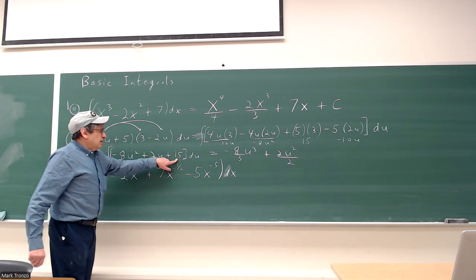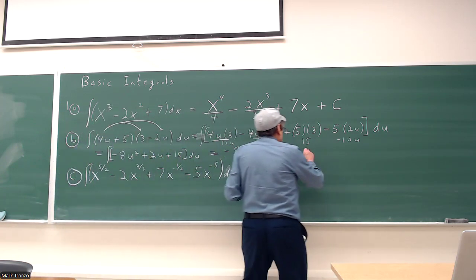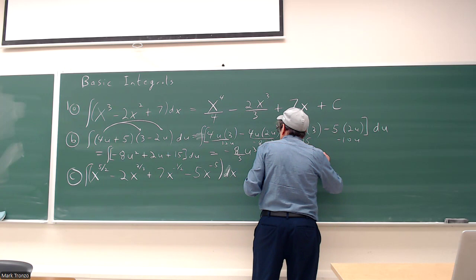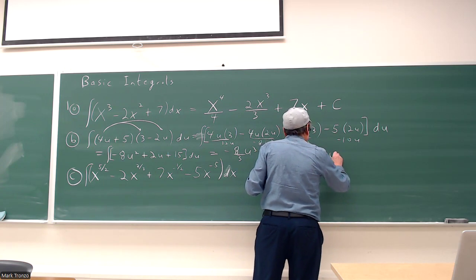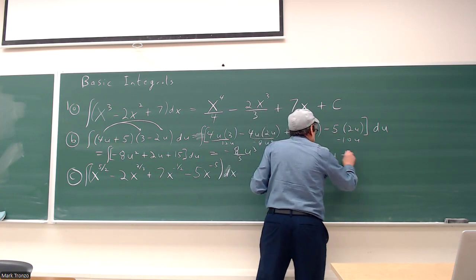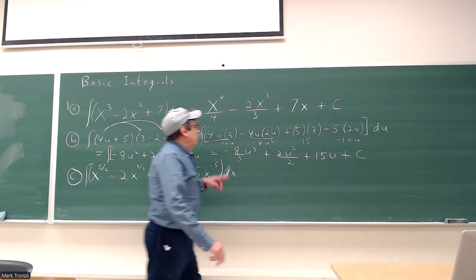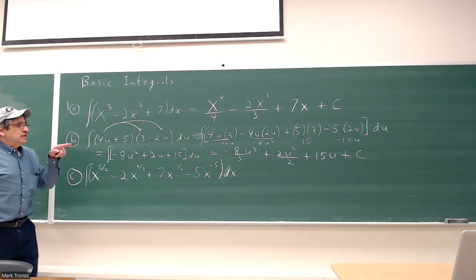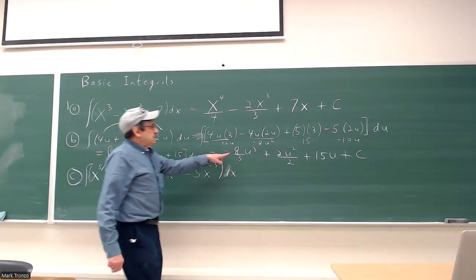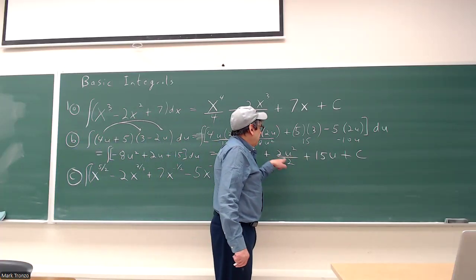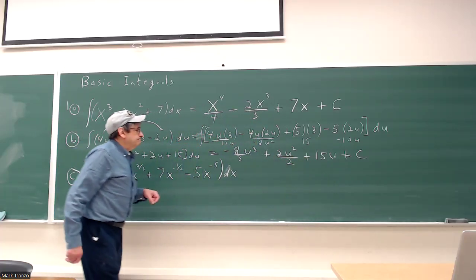And of course, this is a constant, so we'll just add u there, and then plus c. And of course, you should simplify this. You can see this can be simplified pretty right here, the twos will cancel.